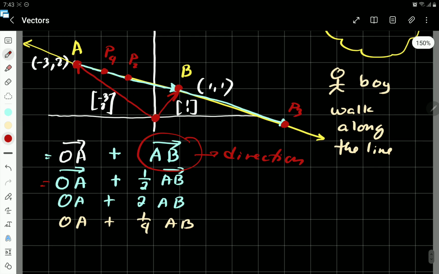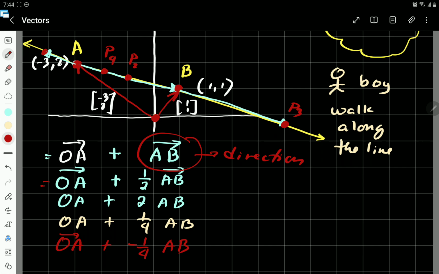What if he says, what about negative 1/4 of my vector AB? Meaning from A, you want negative 1/4 of vector AB, so that's going to be in the other direction, because your AB is going down from A to B. So negative AB is the BA direction. So he will land at this point.